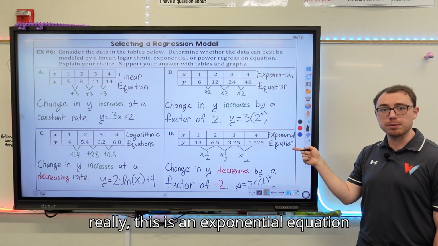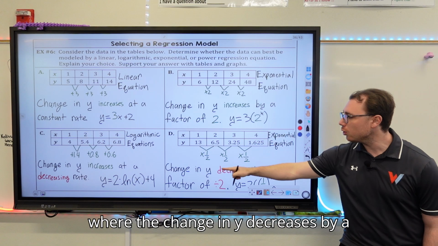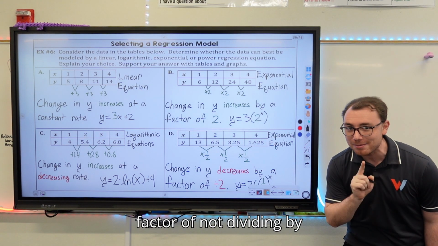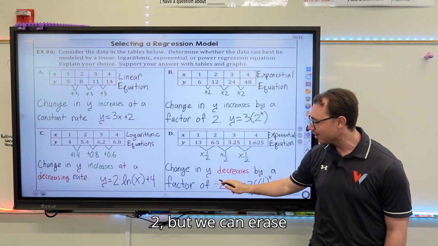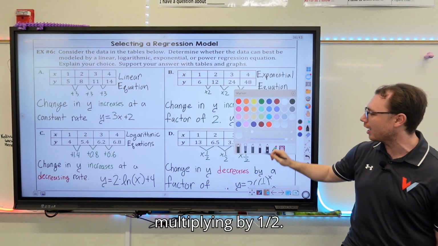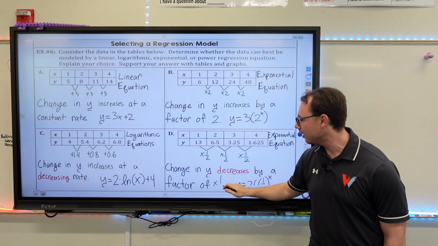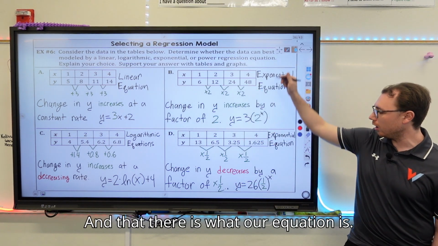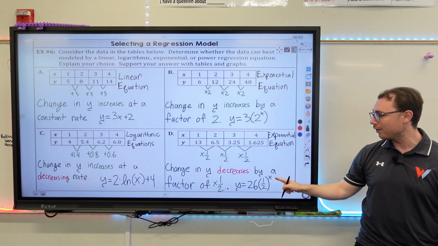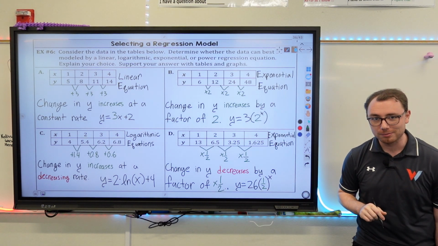So really, this is an exponential equation where the change in y decreases by a factor of not dividing by 2, but we can erase that here and say it's multiplying by 1/2. And that there is what our equation is: 26 times 1/2 raised to the x power.